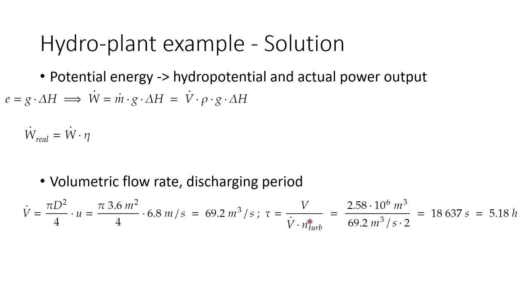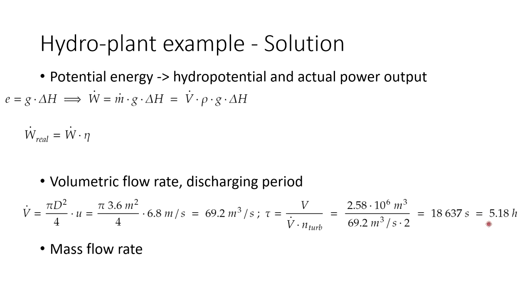And for the discharging period, it's just the volume of the reservoir divided by the volumetric flow rate, and if there are two turbines, both of them in operation, so divided by the number of turbines. And we will get that for this case the discharging period from fully charged, full upper reservoir, it can run for the full power output over the course of 5 hours.